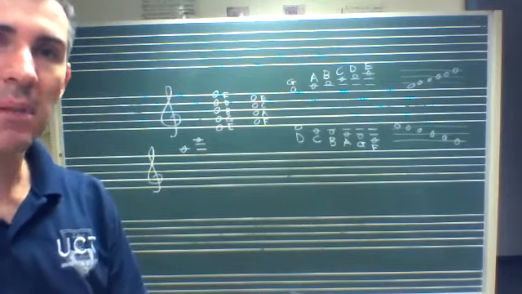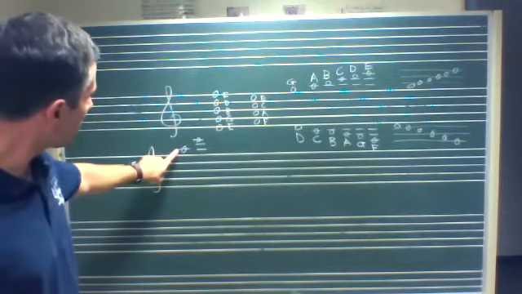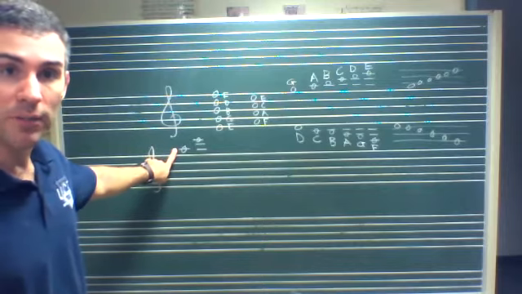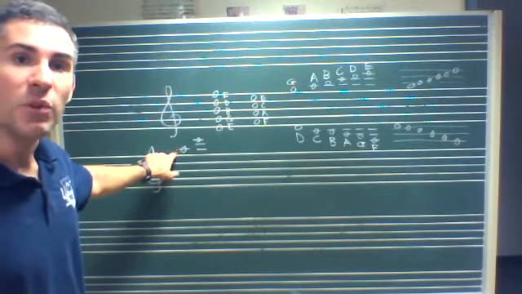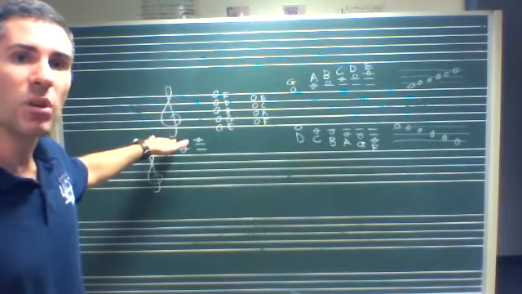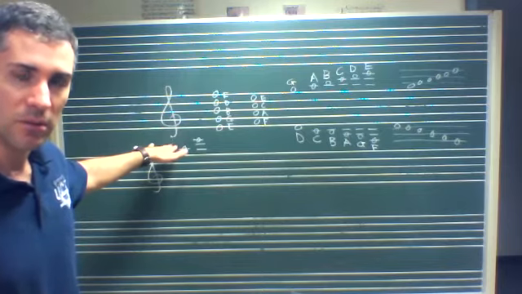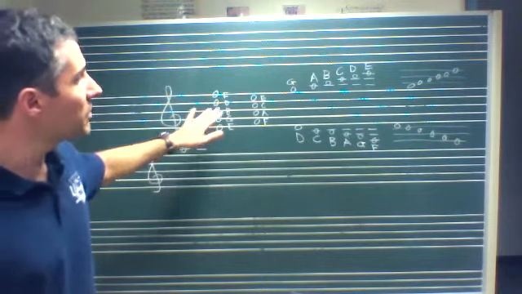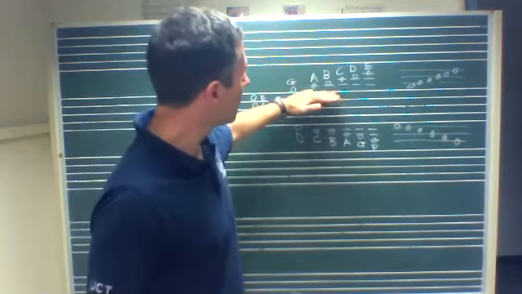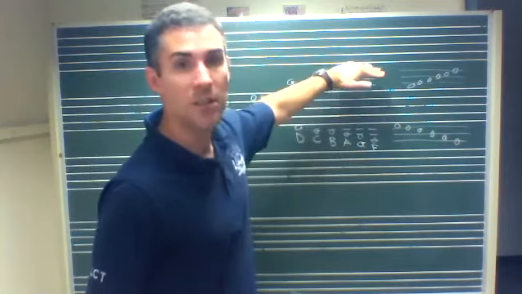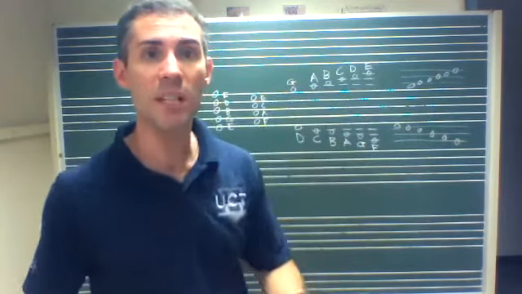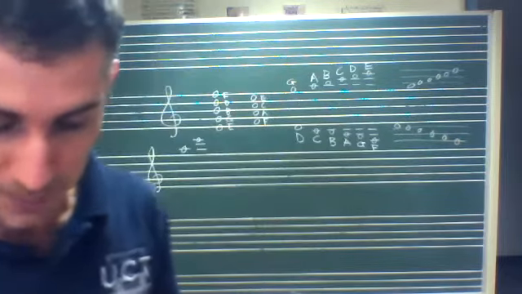Okay, does that make a little bit more sense to you, because some of you were getting stuck. You wrote this note for all of the notes, as though if you were going above the stave, there was only one type of note. All right, it's very important that we be able to go up from line to space, so that we can identify the notes correctly.